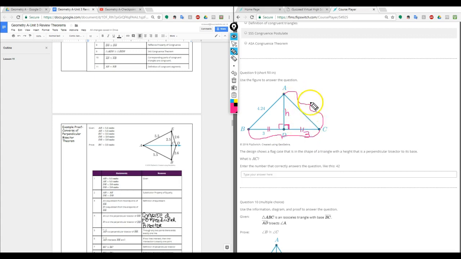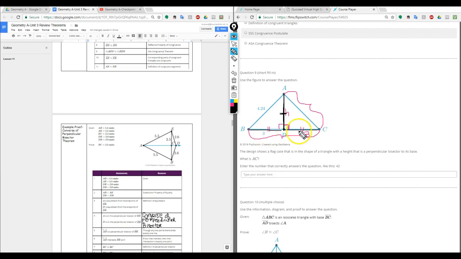Now, how is that going to help us find the length of AC? Well, if we look, we have a side angle side. Now, it doesn't matter that we don't know the height of AD because it's one of our corresponding sides. It's congruent to itself. So we have a side, BD, its corresponding side is DC because they have the same length.